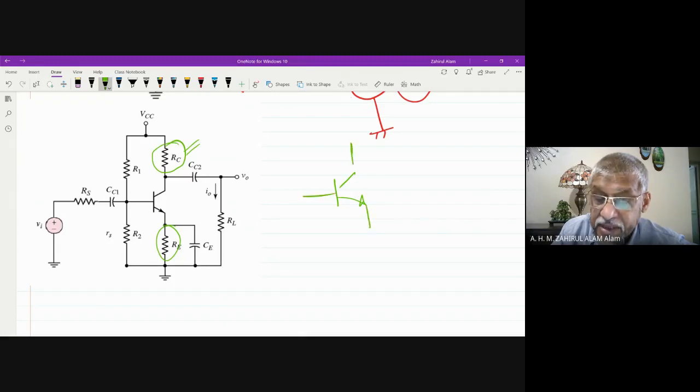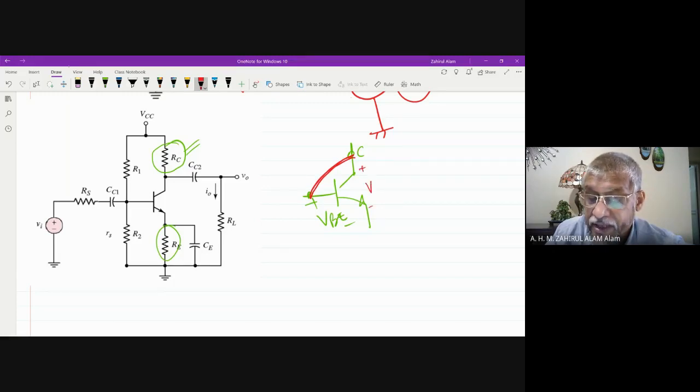So this is a BJT transistor. This is base to emitter. And now if we connect this base and collector, shorted, in this case VCE is equal to VBE.